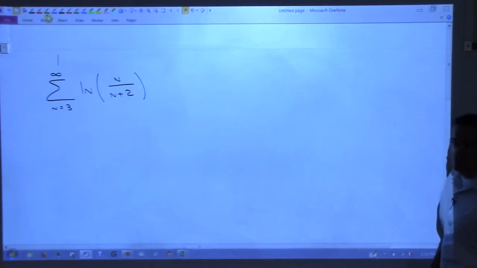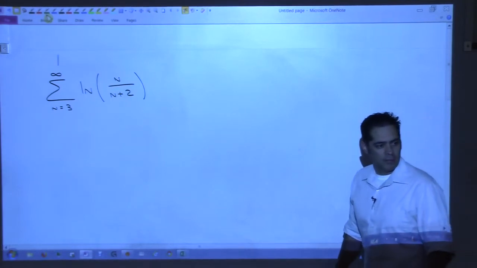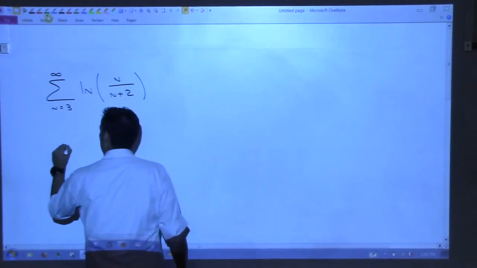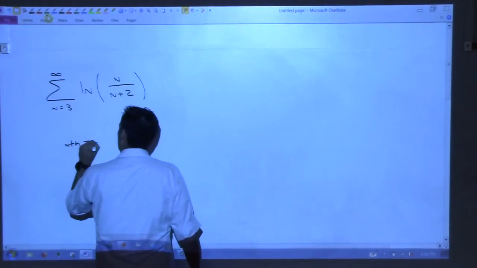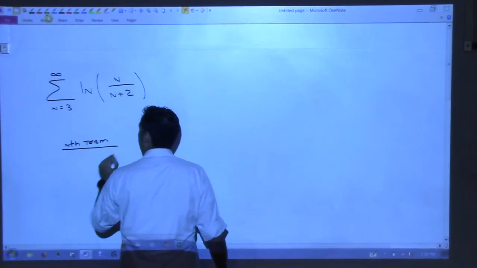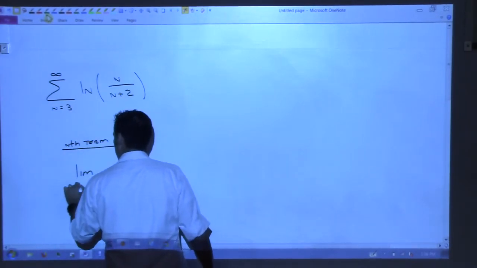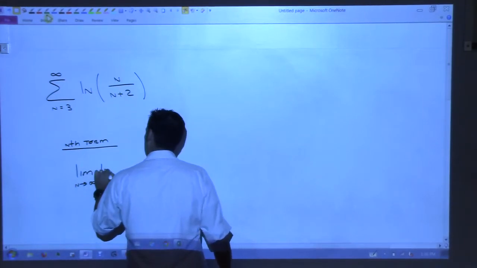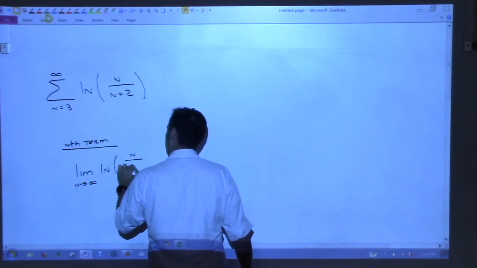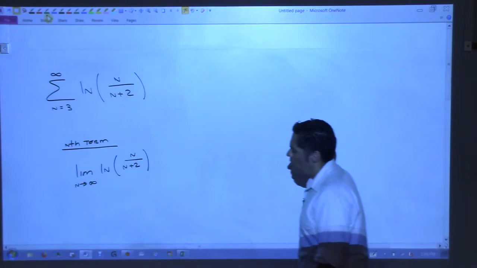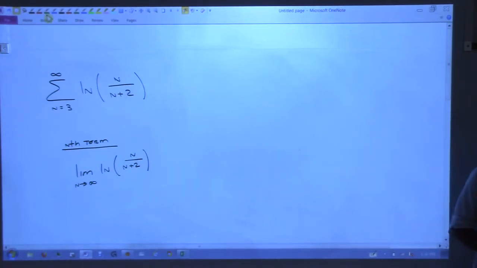So the first thing I would do is the nth term test. I do the nth term test by taking the limit of the sequence, right? So take the limit as n goes to infinity of natural log of n over n plus 2. And what is that equal to, and why?